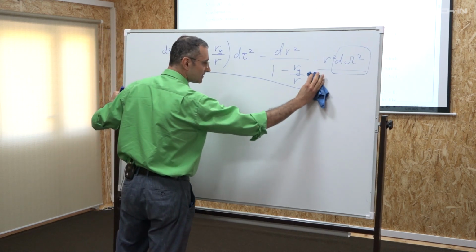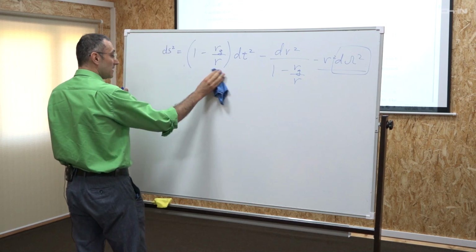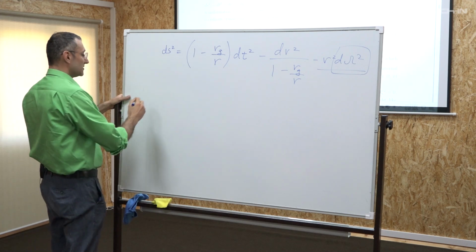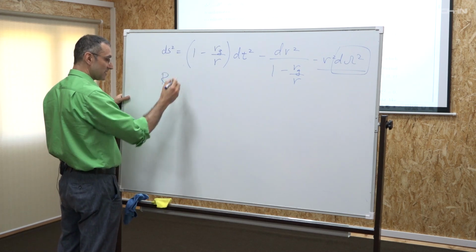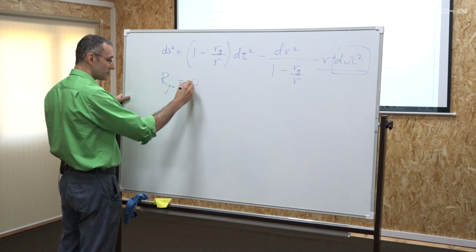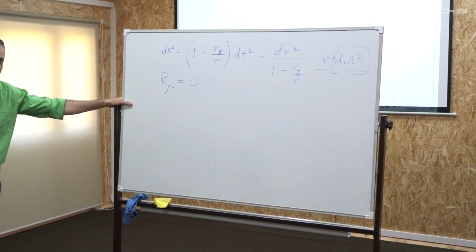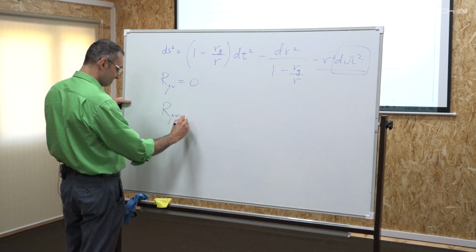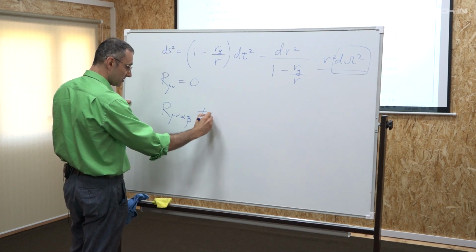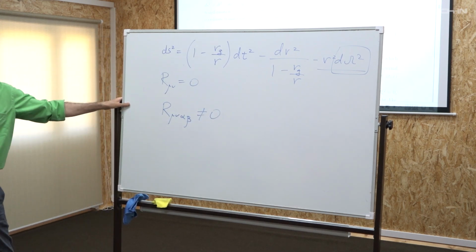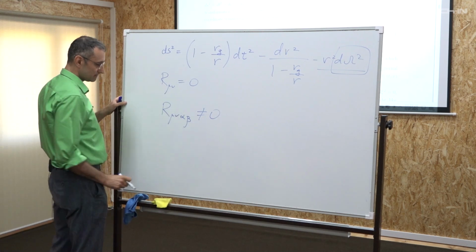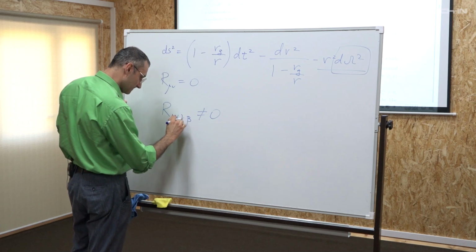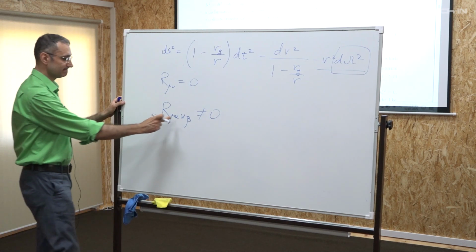But before doing that, I should be careful. One important thing: this guy solves Einstein equation. In this simplest case, without matter, Einstein equation looks like this. This is Ricci tensor. But Riemann tensor for this metric is not equal to 0. It's a curved space-time. Riemann tensor is not 0.